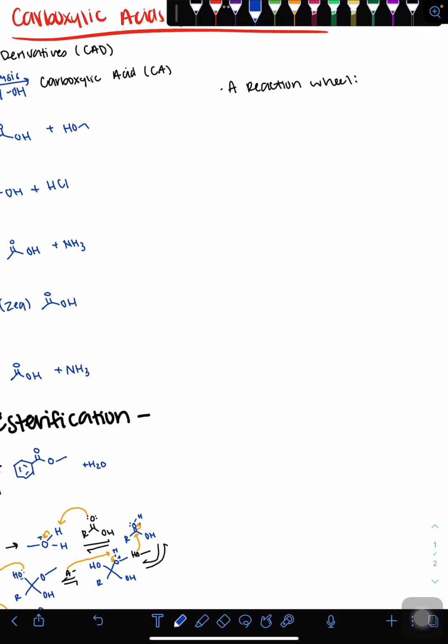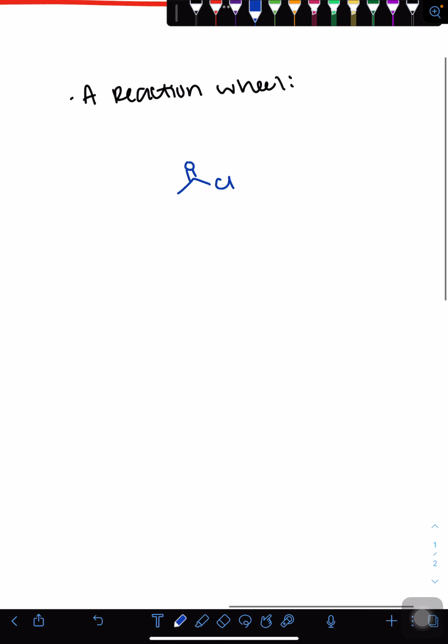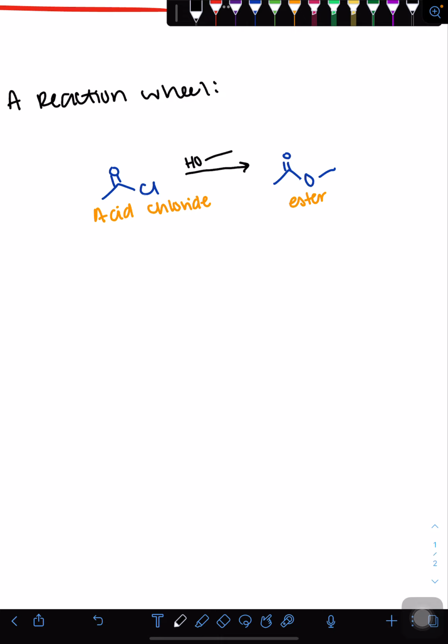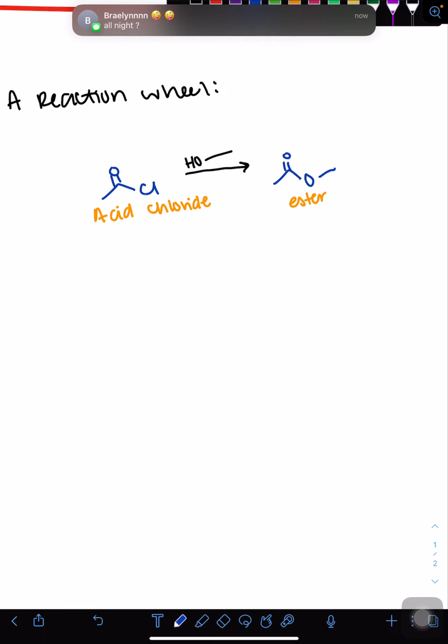Okay, so let's say we started with this acid chloride and we wanted to make this ester. What would we use to create that? You can use an OH with a methyl group, which will give you an ester.